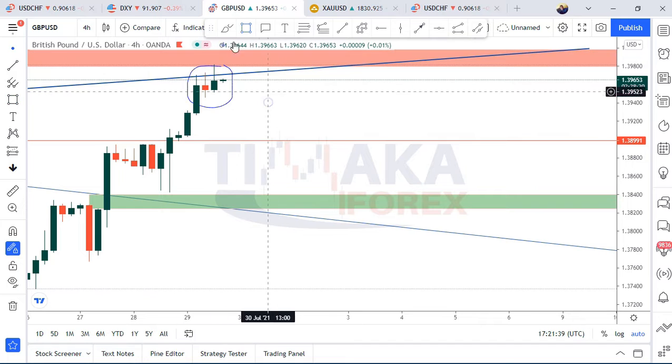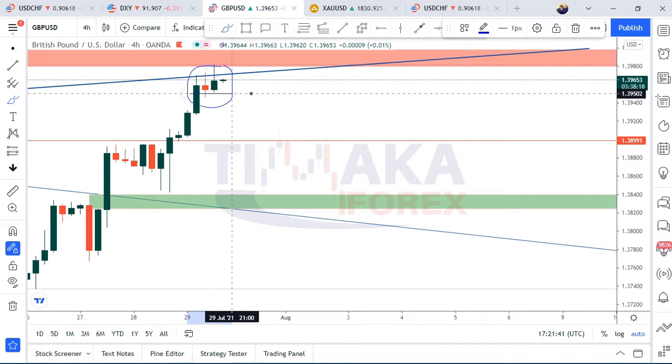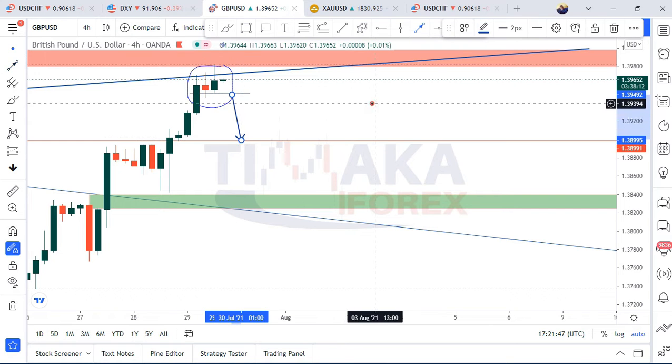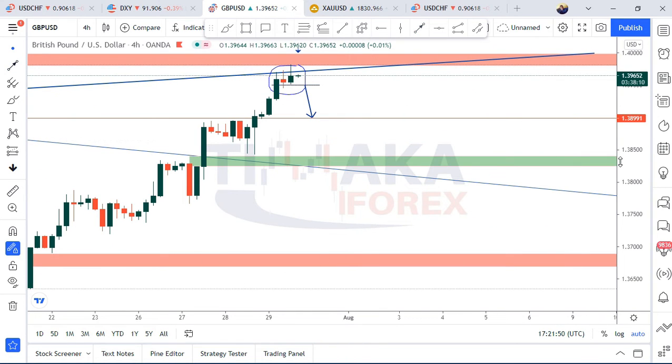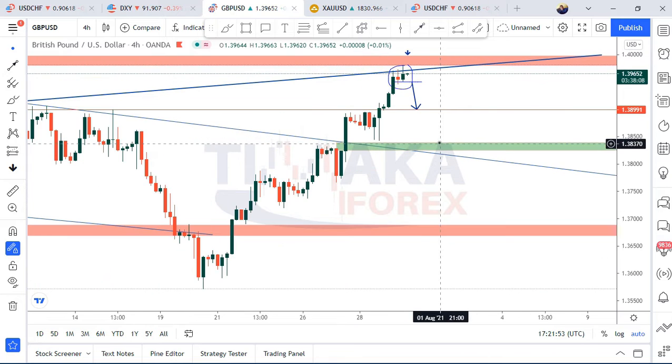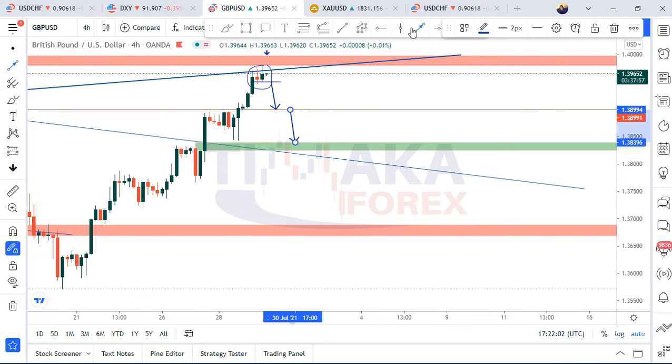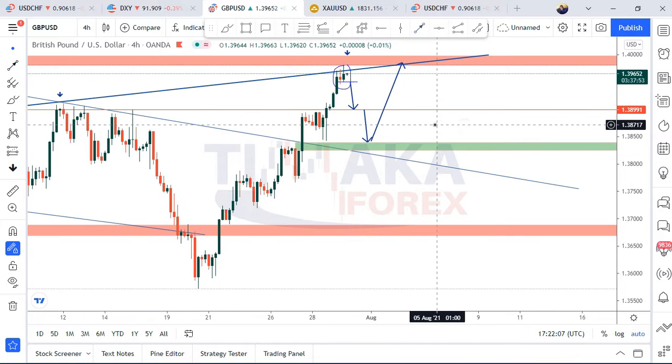We need to get below this formation here so that we could see prices move lower to about 1.38991, and then if we can go below that, we can target 1.38327. Of course, I'm bearish to this level. This is where I'll be looking for a buy, back into the highs.